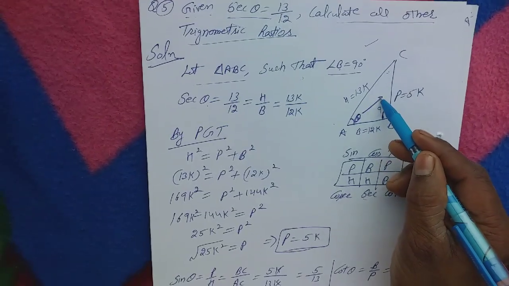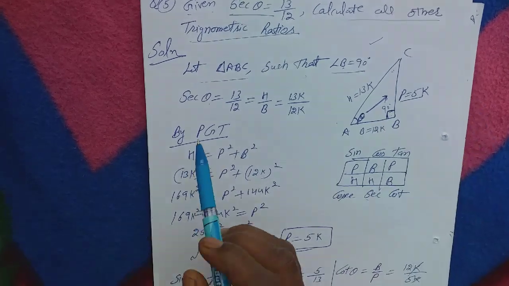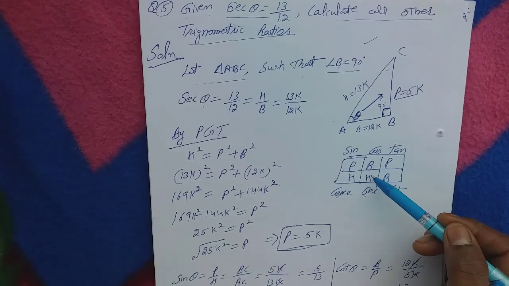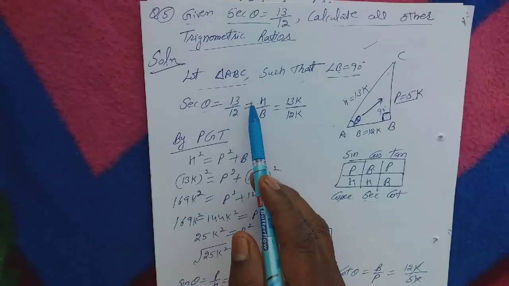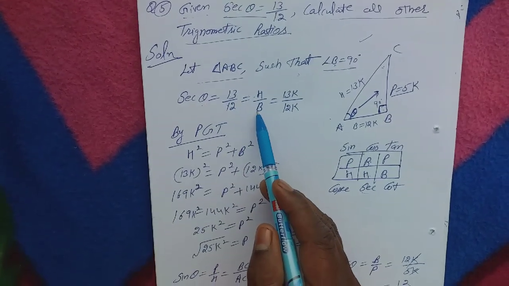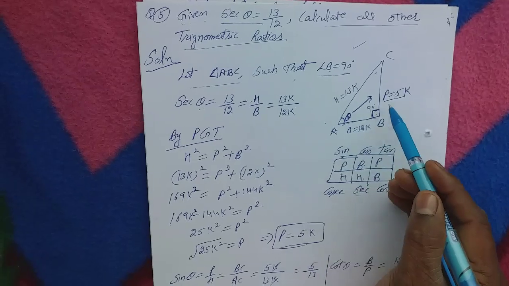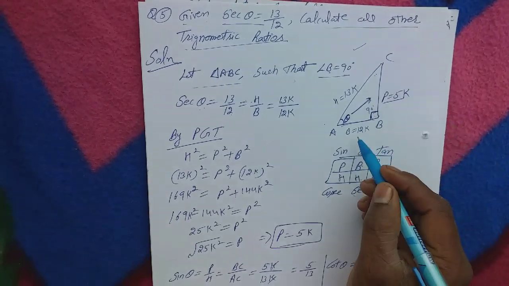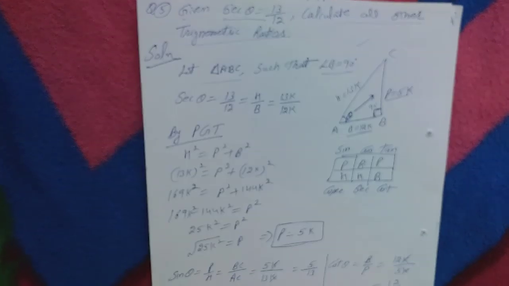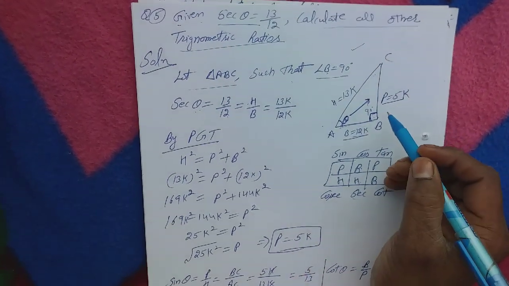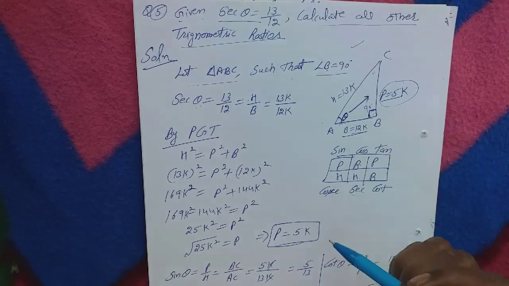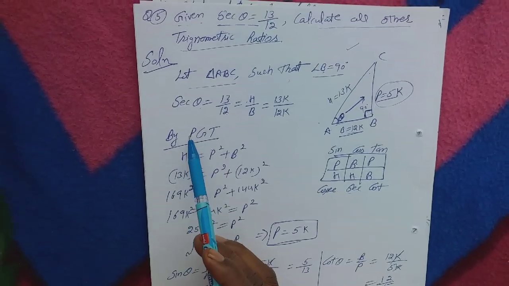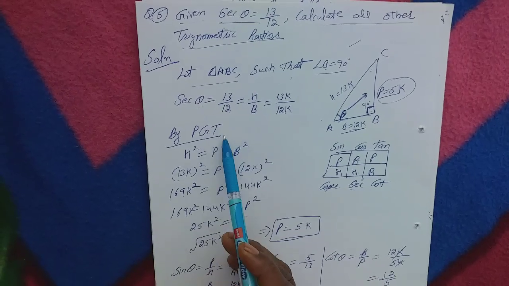Opposite of this side is perpendicular. Secant we know is h by b. So h is 13, b is 12. In this, AB is adjacent to BC, so base is 12k, and this side P is not given, so we will find it using Pythagoras theorem, PGT in short form.